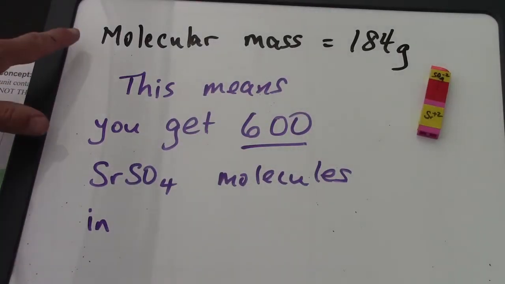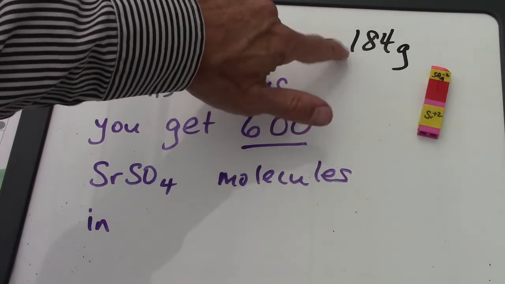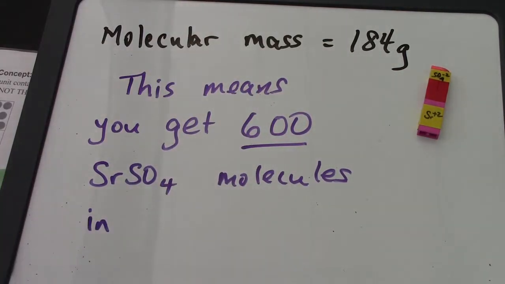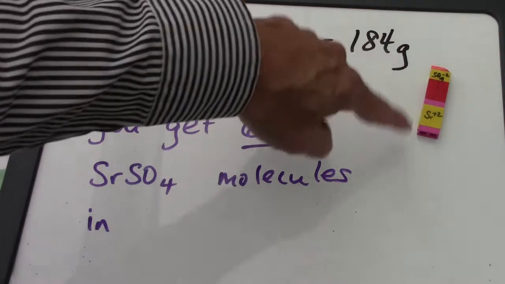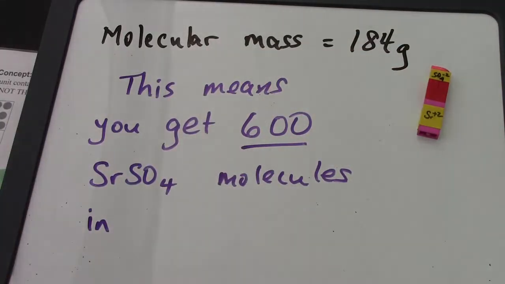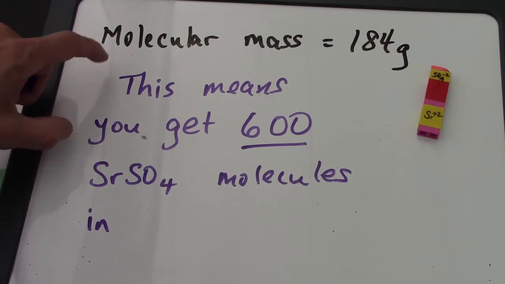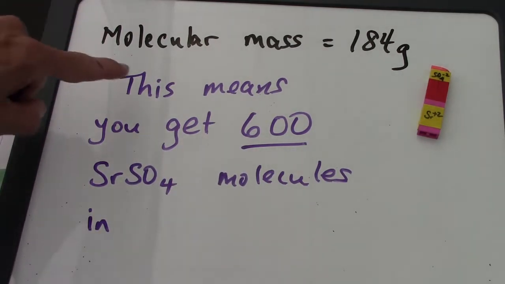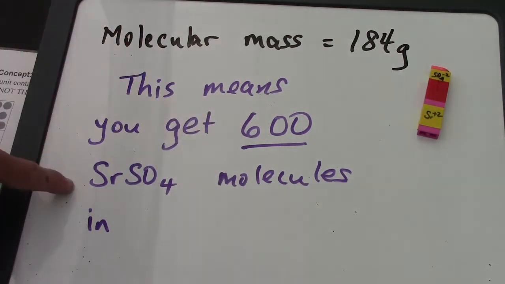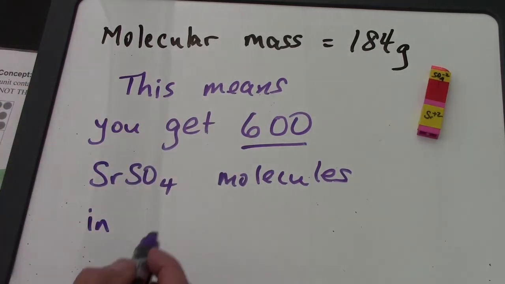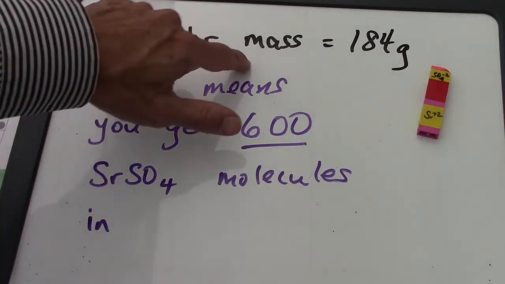An alternative approach is to use that total, that 184 grams we just calculated, and say that's the mass of the entire molecule. And then we can use the AM600 concept, but now you get not 600 atoms, you get 600 molecules in one molecular mass worth.